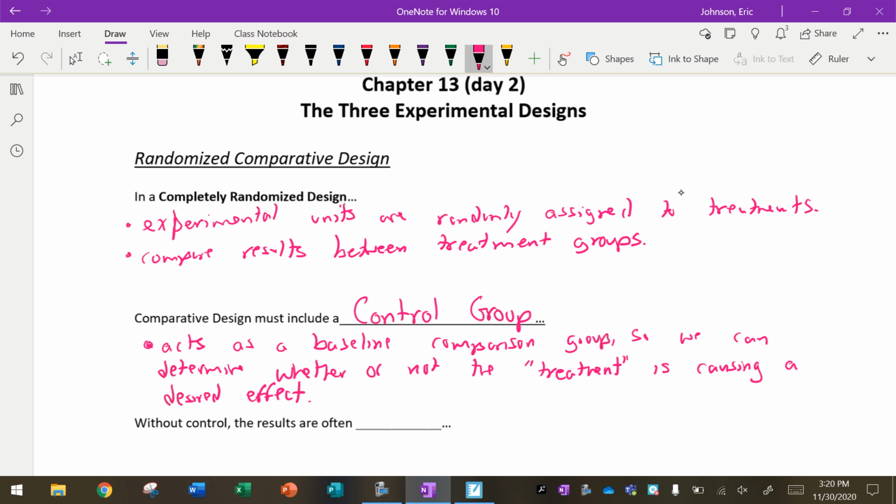So you need that comparison group to say, okay, the success rate with the vaccine was 95%, whereas the success rate without the vaccine was only 60%. Now we can see that this is significantly better. That's why we need that control group to actually determine if something works.